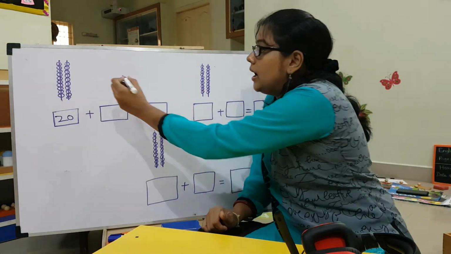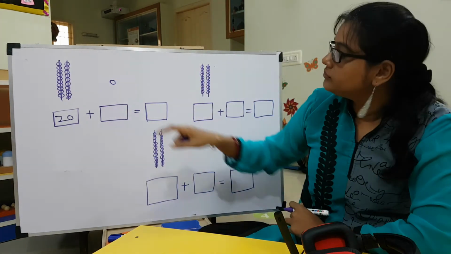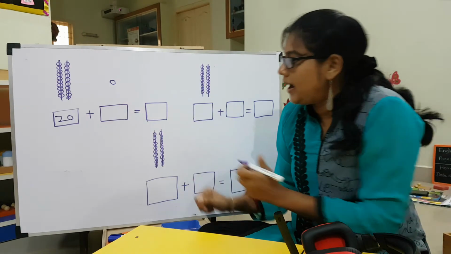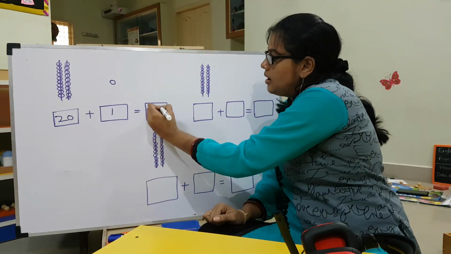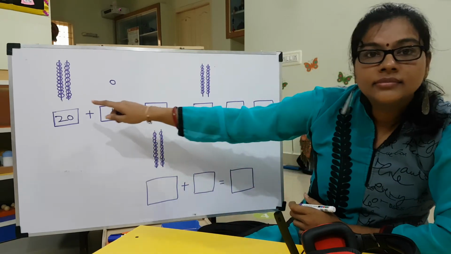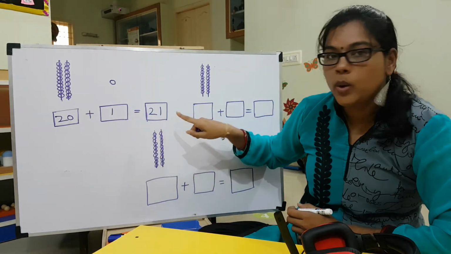So you will need a bead of 1. 20 and 1 makes 21. Clear? Are you all clear? 20 and 1 makes 21.